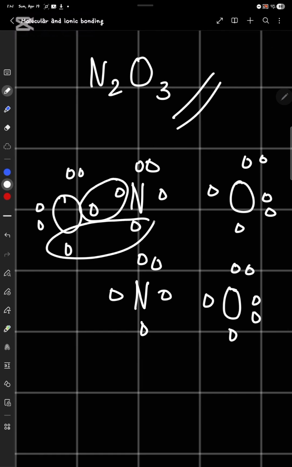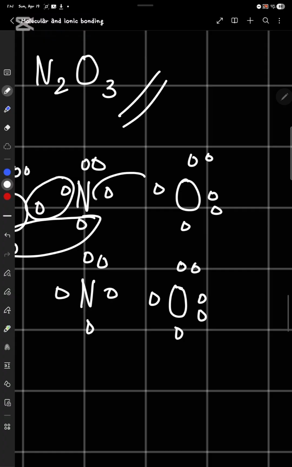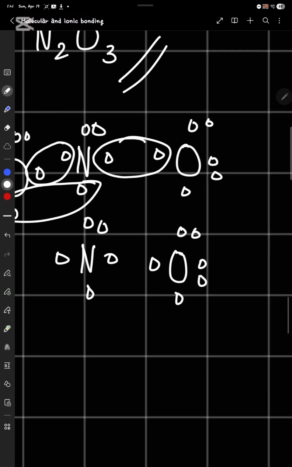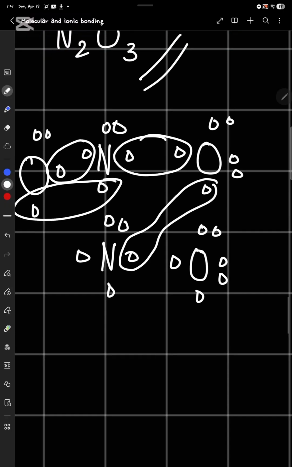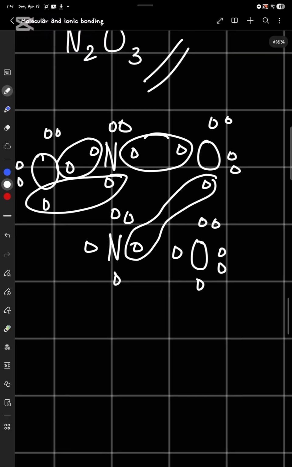Boom, boom. That's 1 bond. Get one here, another one here, another one. Okay, this is going to be okay. My drawing is really bad. Okay, that's not good at all.